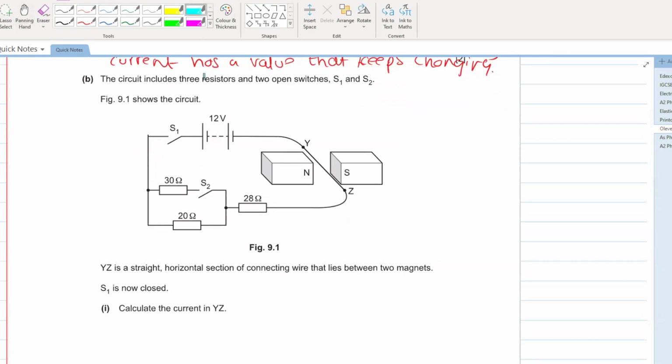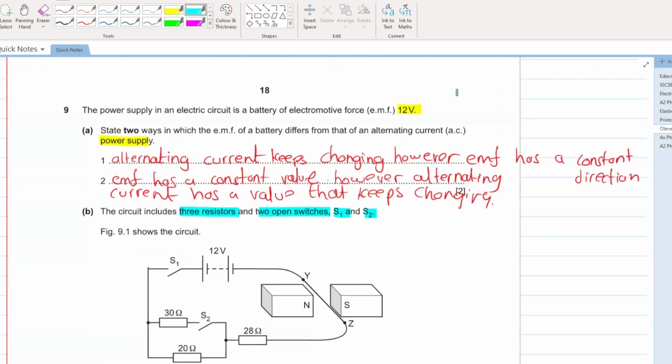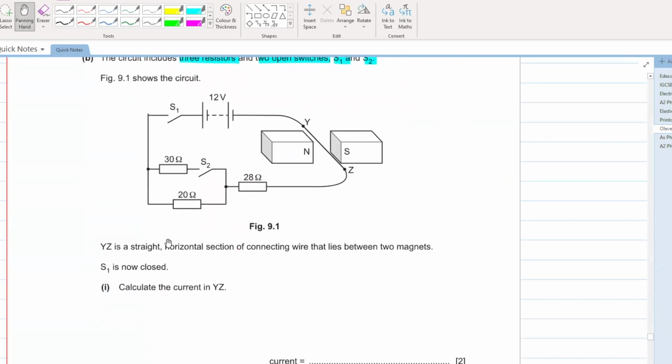The circuit includes three resistors and two open switches S1 and S2. Perfect. So there are three resistors and two open switches. हाँ हाँ ये this is possible. अगर स्पेस गिवन में पूरा सेंटेंस कंप्लीट नहीं हो पाता तो you write it in a concise manner, try to omit extra things. जो extra things मैंने यहाँ पे लिखी हैं you can omit that. ठीक है. जिनकी राइटिंग छोटी है वो सारी चीज़ें लिख सकते हैं.